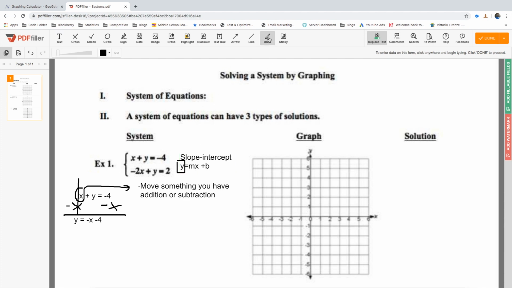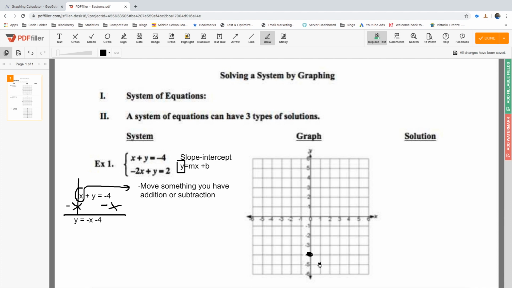So the first thing we do, again, which was covered in previous videos, is I want to put my starting point or my y-intercept. I always want to plot that first. In this case, my y-intercept is a -4, so I'm going to go to the y-axis and find -4 and put a point right there. Boom, there's my point. And then I want to follow my slope. My slope is a -1, which means I'm going to go down 1 over to the right 1.